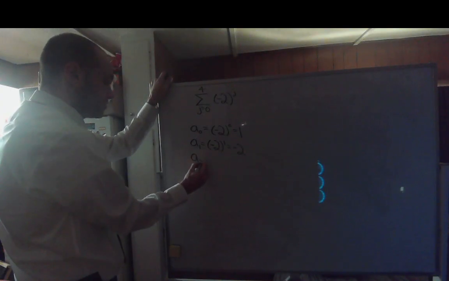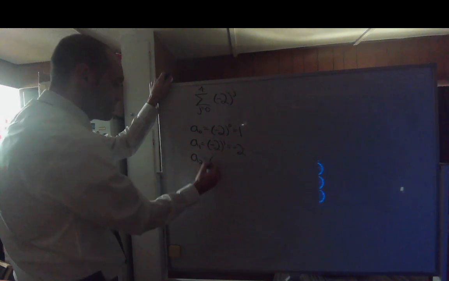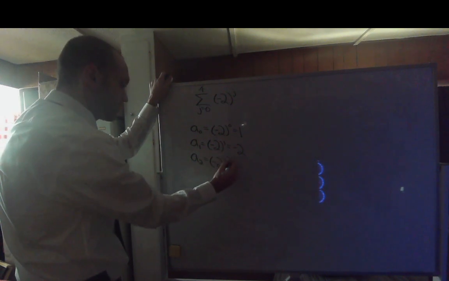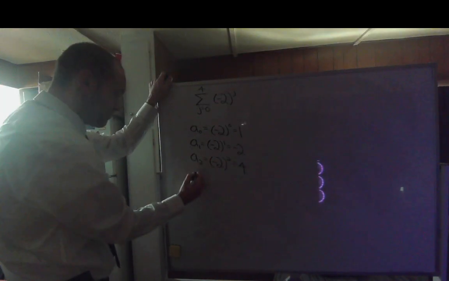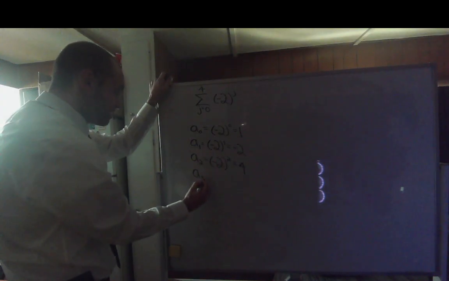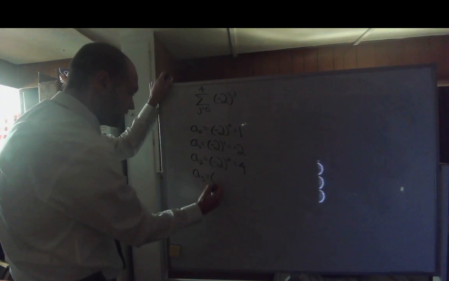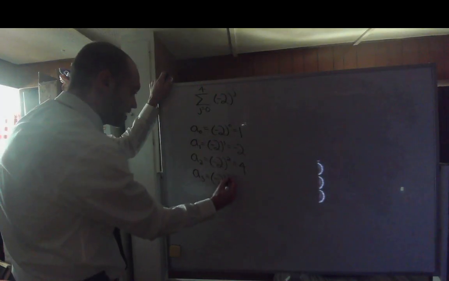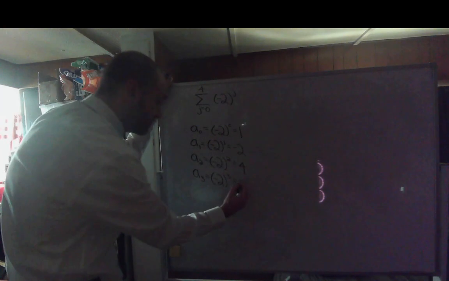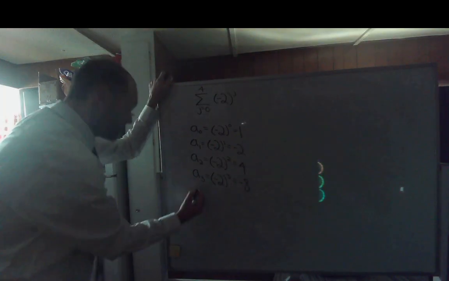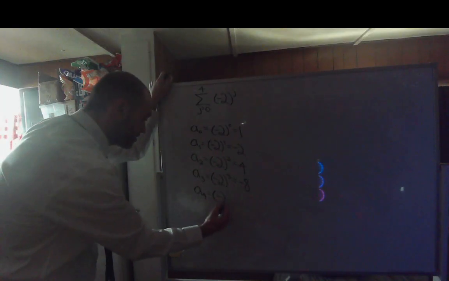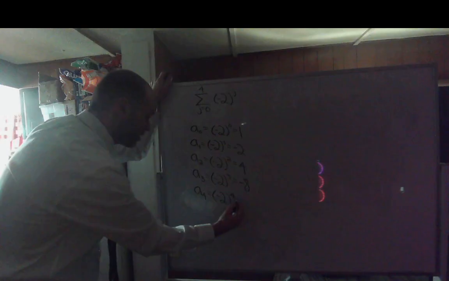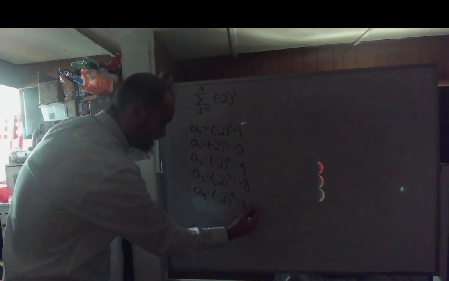A sub 2 is going to be -2 to the second power, which is +4. Then a sub 3 is going to be -2 to the third power, which is -8. And then a sub 4 equals -2 to the fourth power, which is +16.